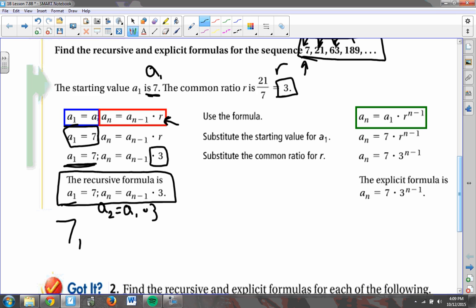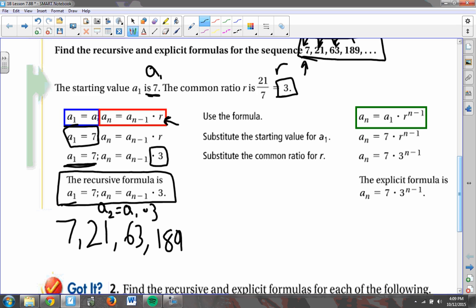I already know A sub 1 is 7, so 7 times 3 gives me 21. And now next term I could times by 3 again. 21 times 3 is 63. Times by 3 again, 63 times 3 is 189. So that's a recursive formula.